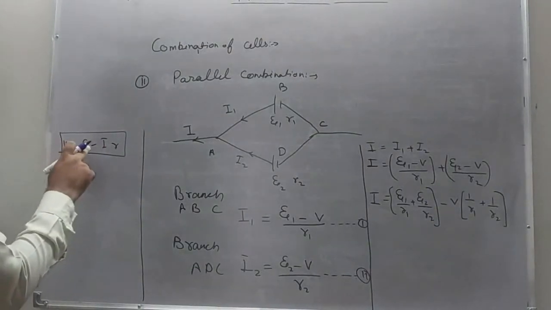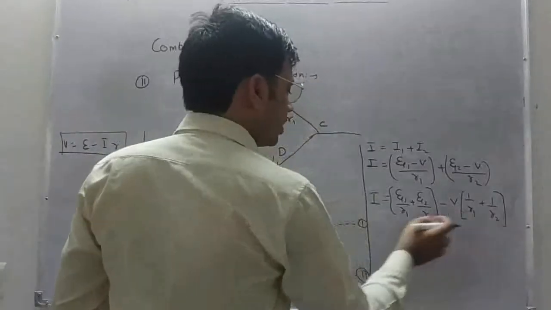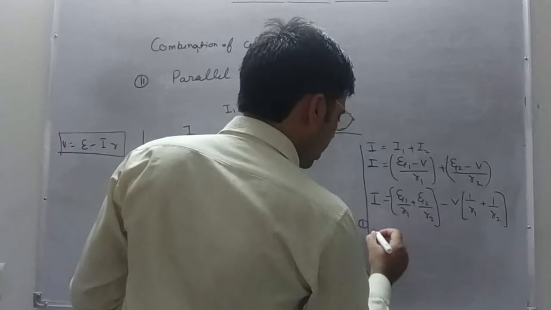Now in the standard equation, V is on the left hand side and E minus IR is on the right hand side. So we need to bring this term to the left hand side and take LCM.